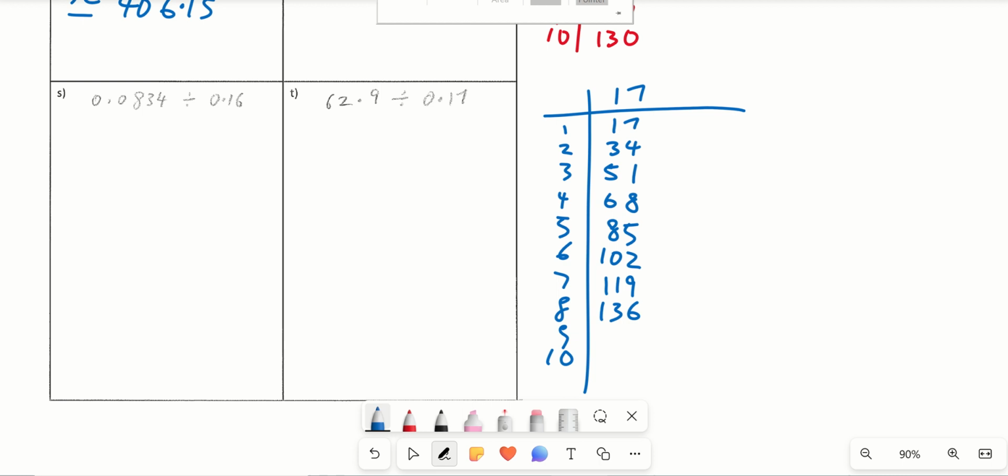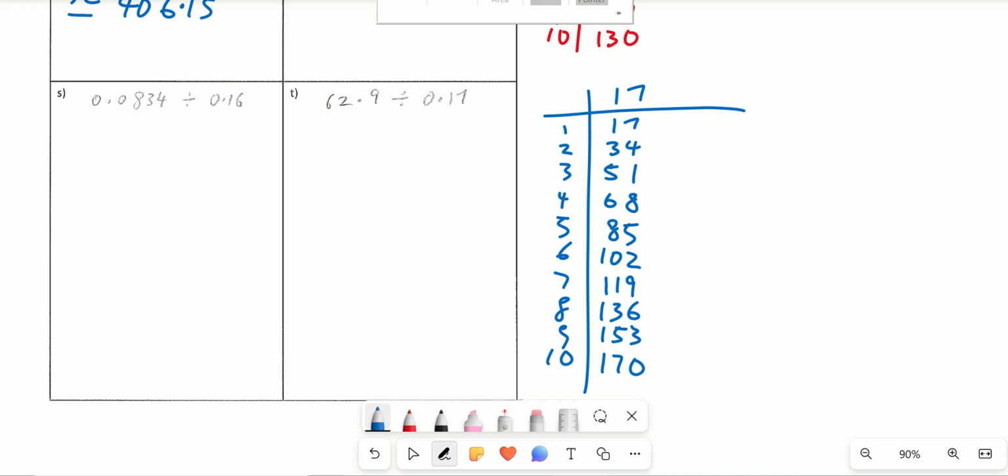We'll do 10 times 17, that's 170. So 9 times 17, we take away 17 from there, we get 153. There you go. All right.